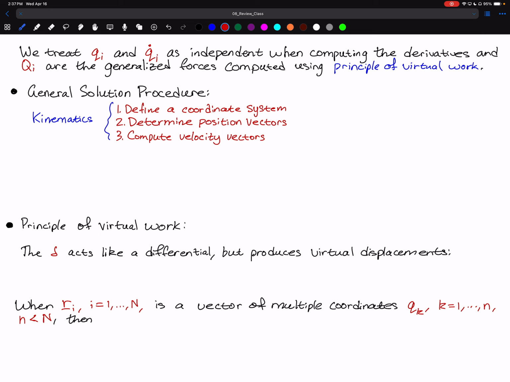After we compute the velocity vectors, we'll then go and compute the kinetic energy, the potential energy, and the virtual work done by non-conservative forces.